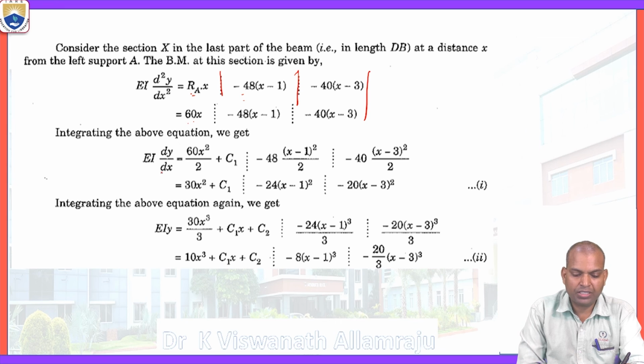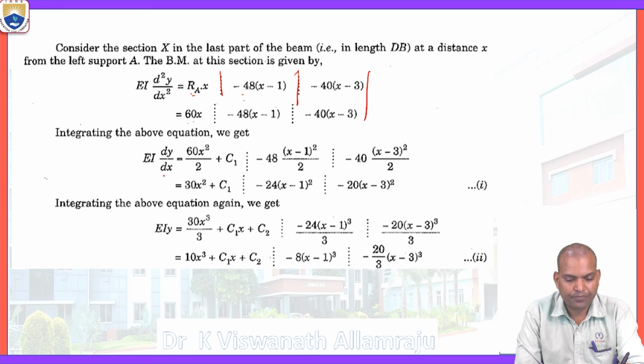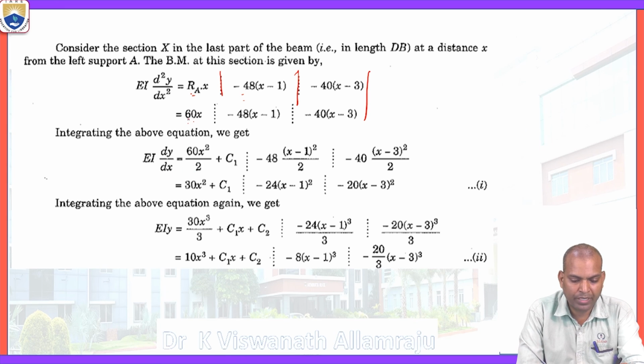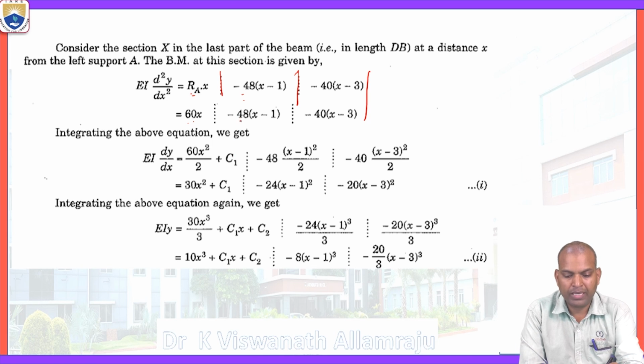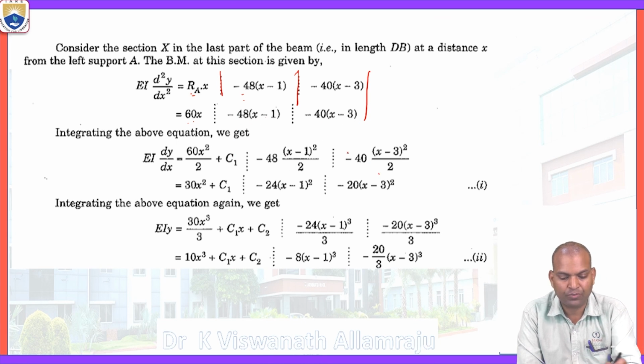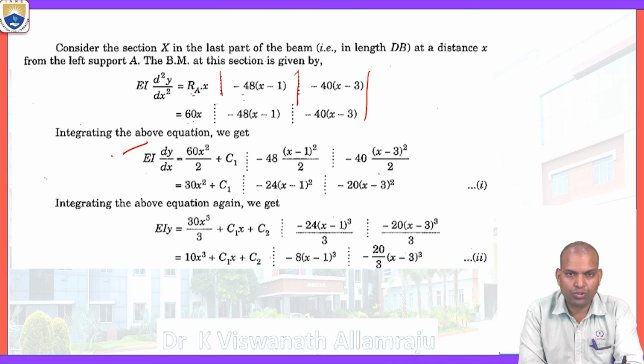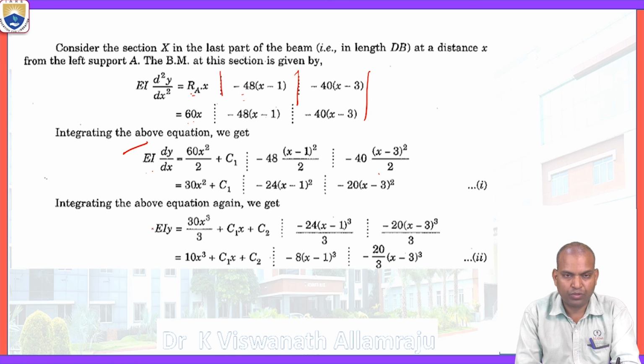The slope equation is EI dy by dx equal to 60 times x square by 2 plus C1 minus 48 times (x minus 1) square by 2 minus 40 times (x minus 3) square by 2. This equation gives the slope equation, and integrating this slope equation once more gives the deflection equation.